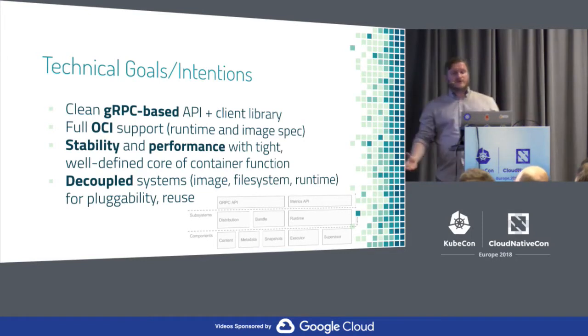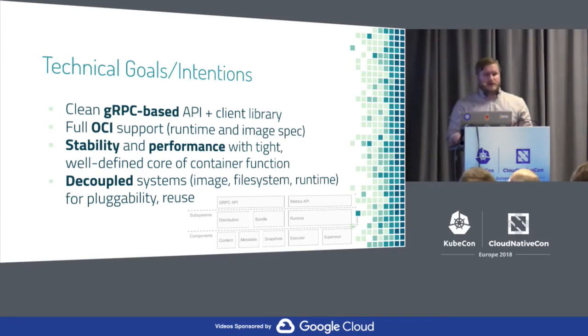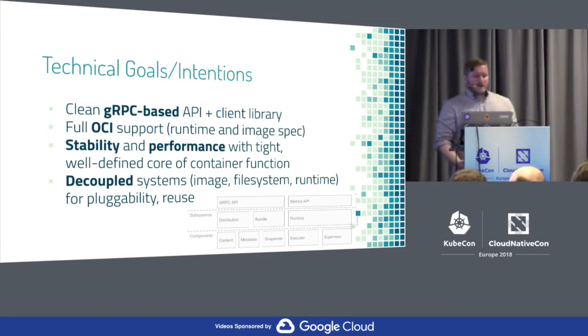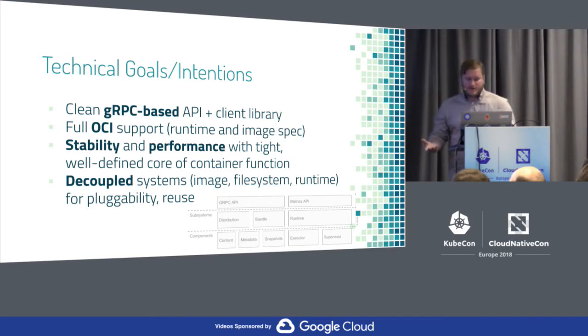Our technical goals were to ensure that we had a really clean gRPC-based API and client library. We wanted full OCI support so that it felt OCI native, works really well with OCI primitives, and they don't feel tacked on. We also wanted to focus on stability and performance with a really well-defined core and avoid feature creep over time.